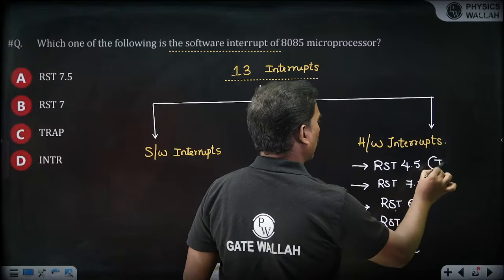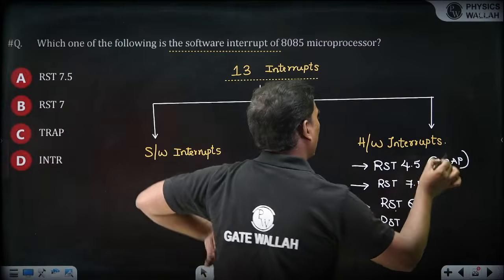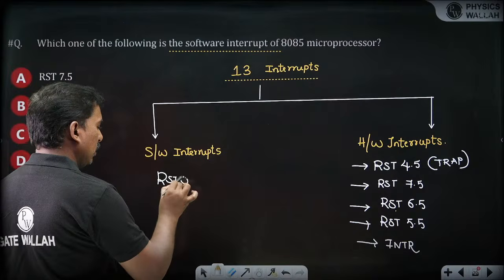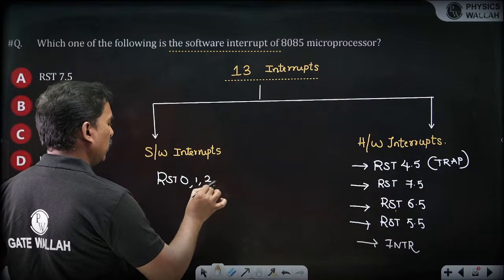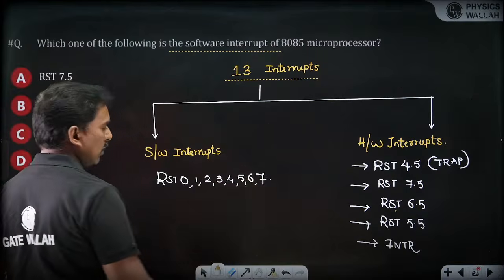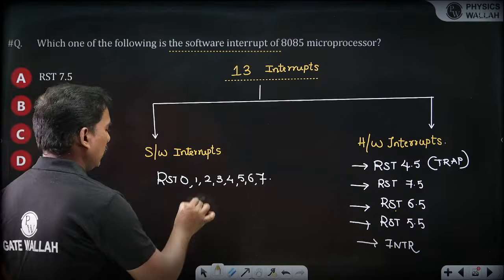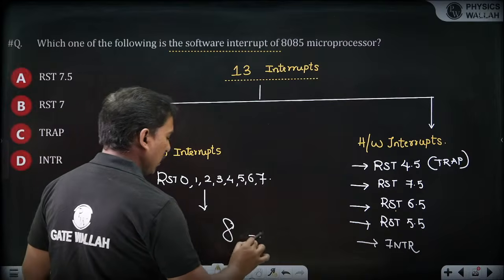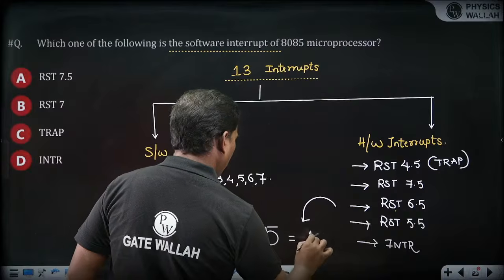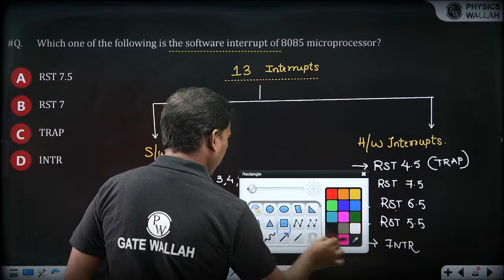So this is also called trap. These are hardware interrupts. Software interrupts are RST 0, 1, 2, 3, 4, 5, 6, 7. So totally 8. These are 8 plus these 5, so in total it will be 13.